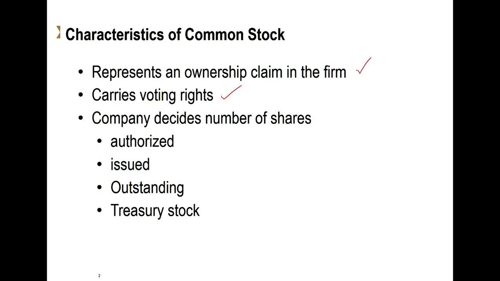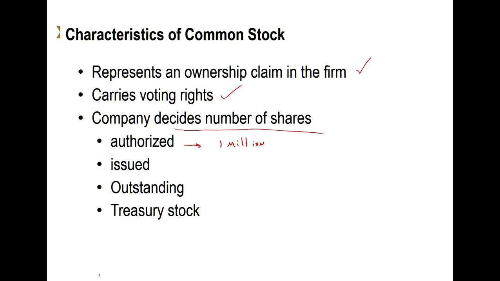The company is the one that decides the number of shares. When it's newly incorporated, the articles of incorporation specify a number of shares that the owners and the board of directors authorize. Suppose that when you're incorporating your company, you authorize 1 million shares to be issued. This does not mean that 1 million shares will be issued.